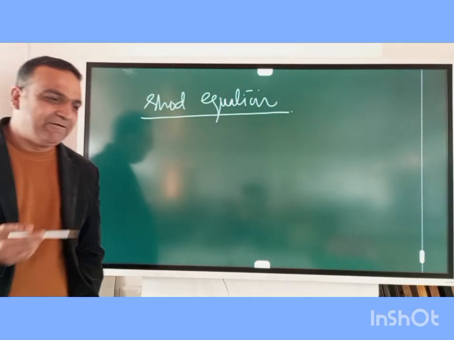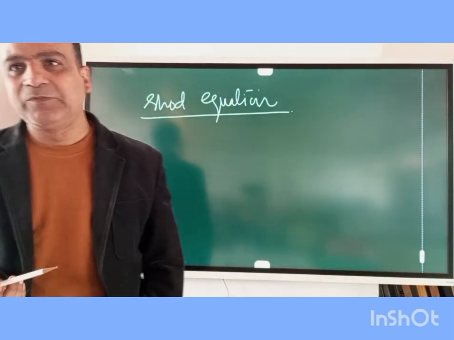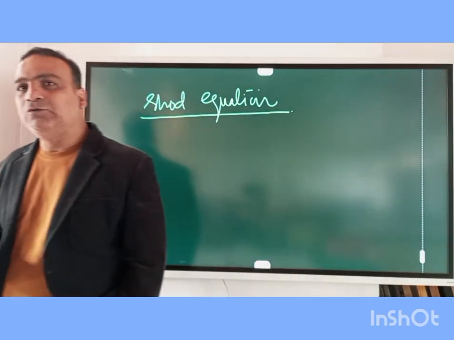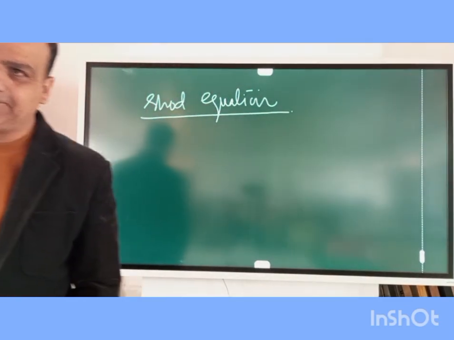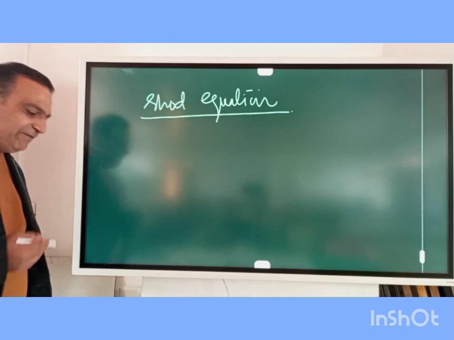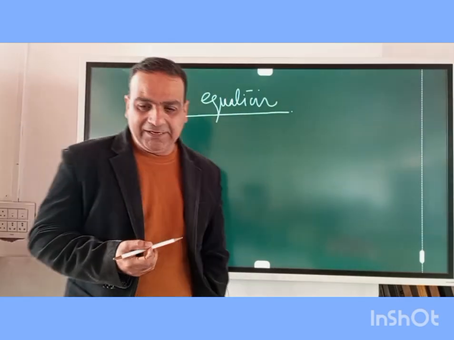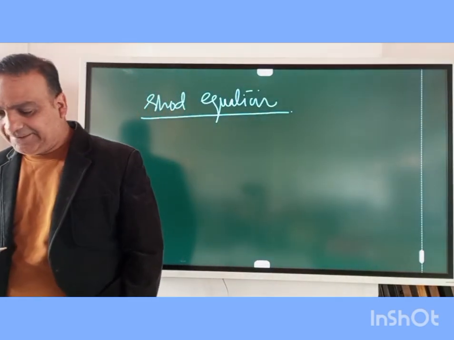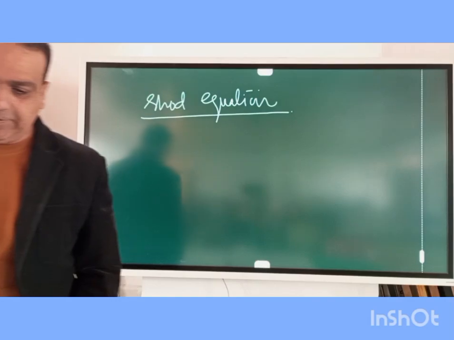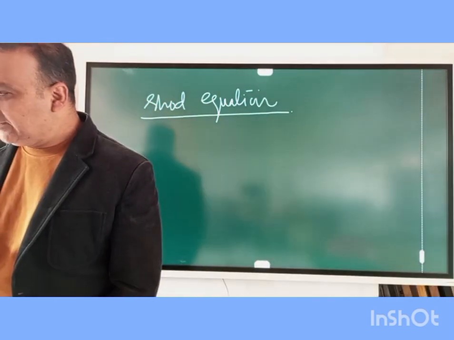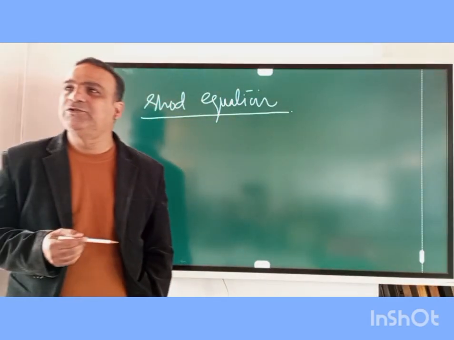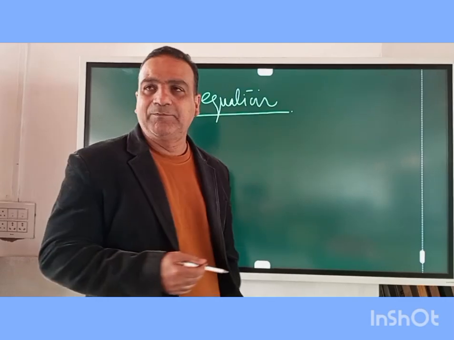Classical physics fails to explain some of the basic outcomes of the experiments. And the very first example is the fine structure of hydrogen atom.